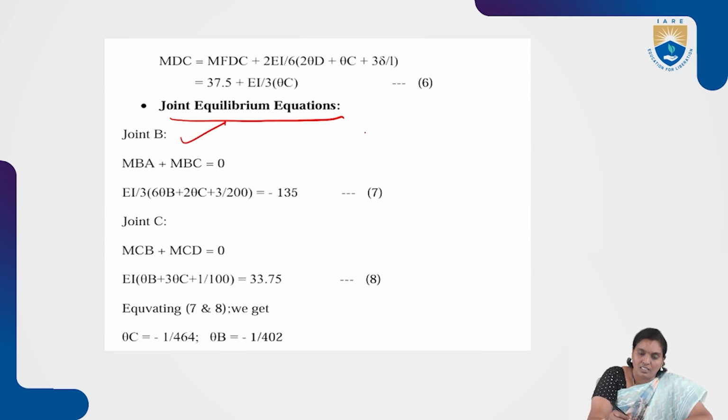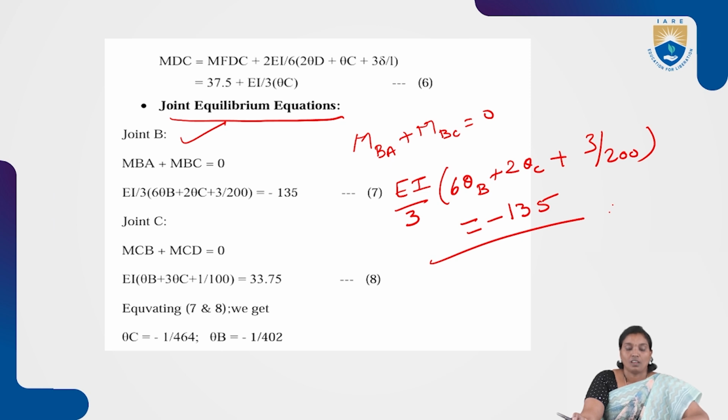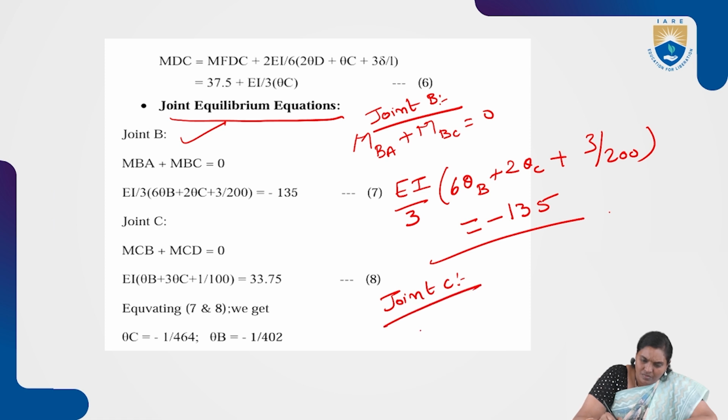At joint B, the equilibrium equation is MBA plus MBC equal to 0. Substituting those two equations, we finally get EI by 3 into 6 theta B plus 2 theta C plus 3 by 200, equal to minus 135. Now moving to joint C, MCB plus MCD is equal to 0.